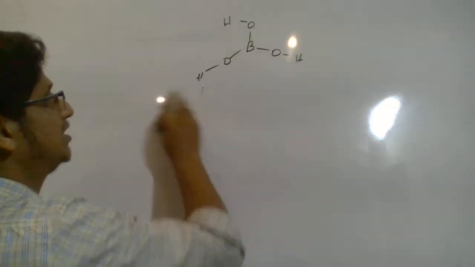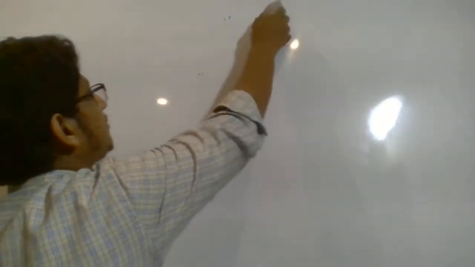Now let us discuss the preparation of orthoboric acid. First one, from borax.